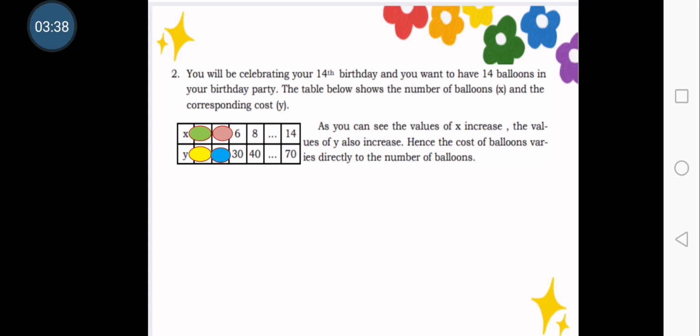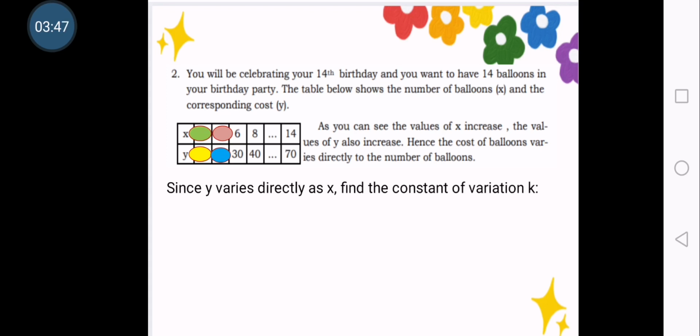So, syempre, habang dumadami yung number of balloons mo, mas malaki din syempre ang iyong gastos. So, halimbawa, ang number of balloons mo in values of x were 2, and then 4, 6, 8, hanggang sa naging 14 balloons na. So, magkano daw ba ang gagastusin mo? So, yun yung makikita natin sa y values.